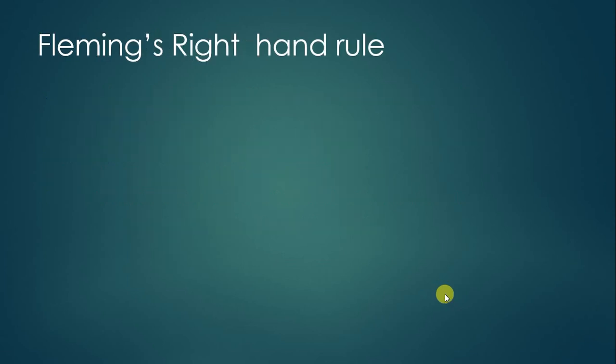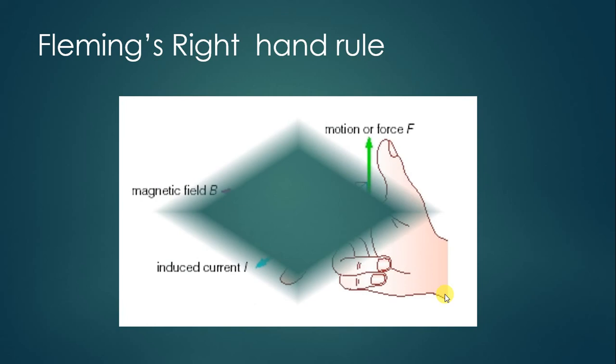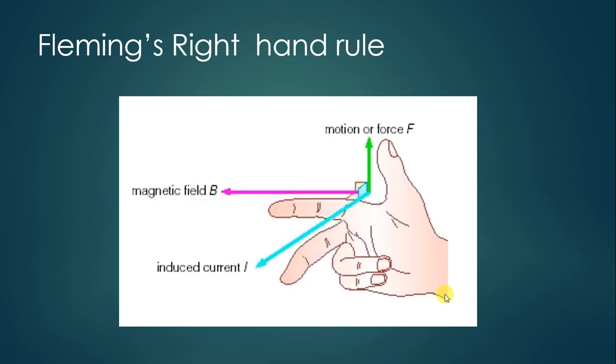Coming to the next one, which is Fleming's right hand rule. This rule is very predominant in determining the induction of current whenever a bare conductor is kept in a magnetic field.